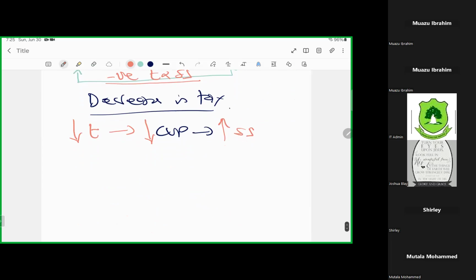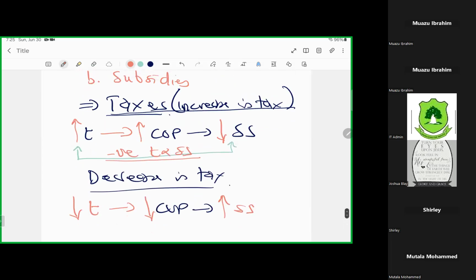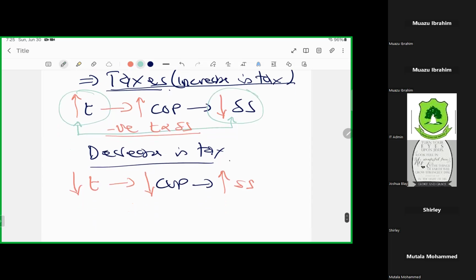As you can see, as tax is increasing, supply is falling. You can also see that as tax is decreasing, supply is increasing, exhibiting that negative relationship between tax and supply.